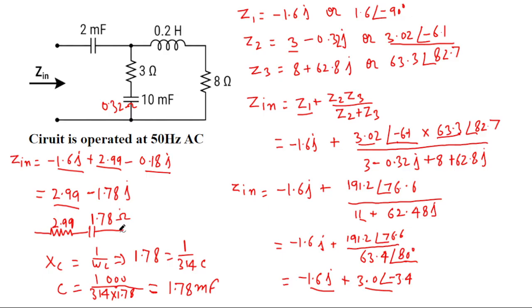So this value is 1.78 at 50 hertz, and the value of the capacitor will be equal to 1.78 millifarad. I think so. This total circuit can be represented by a resistance and a capacitance like this one. The value of the resistance is 2.99, and this one is 1.78 millifarad.